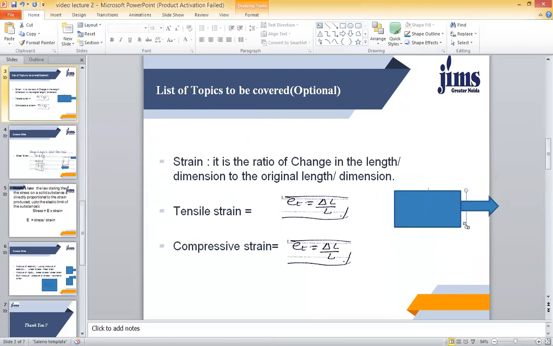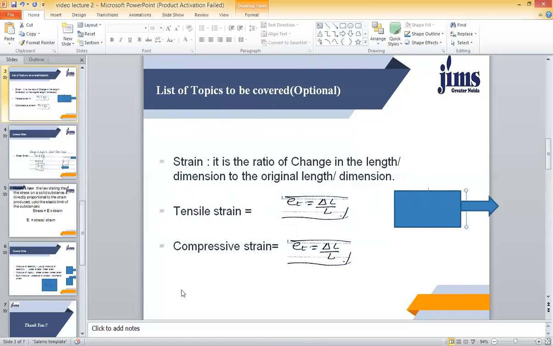But at the same time, the width of the block will decrease. If I apply tensile force, then the length of the block will be increased, but the width of the block will decrease. So the change in width to the original width is called the lateral strain.